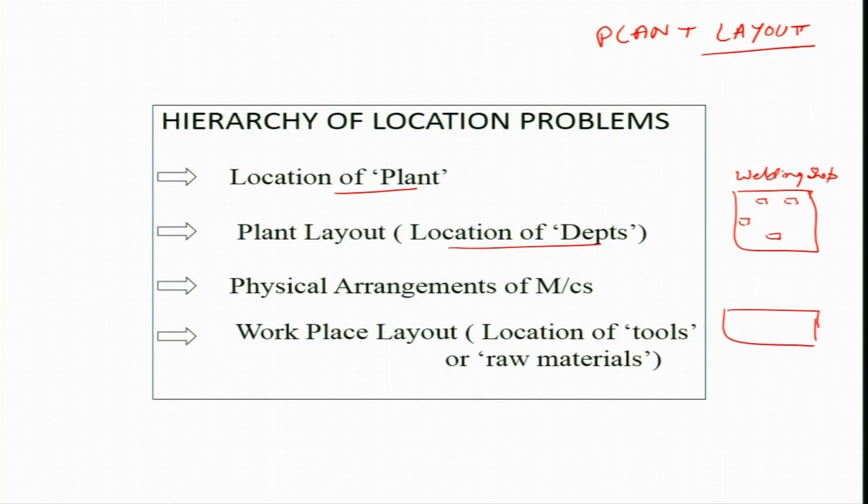So, in the next unit we will talk about plant layout. If you recollect, we have talked about mass production system, batch production and job shop. Can you tell me for which production system the layout is very important?